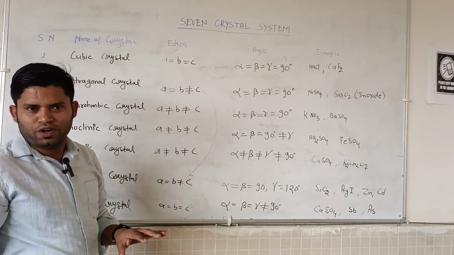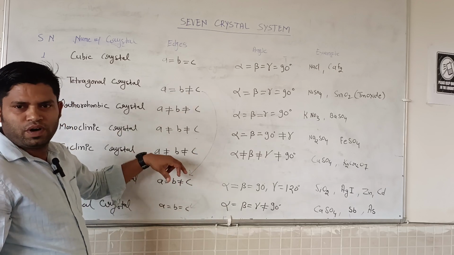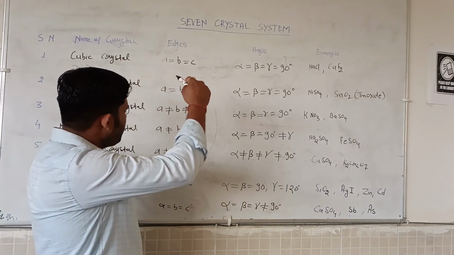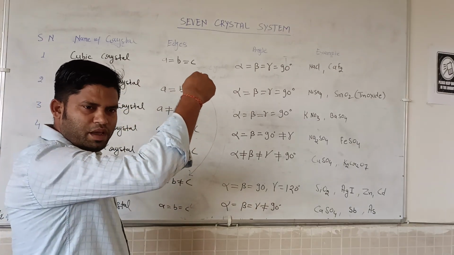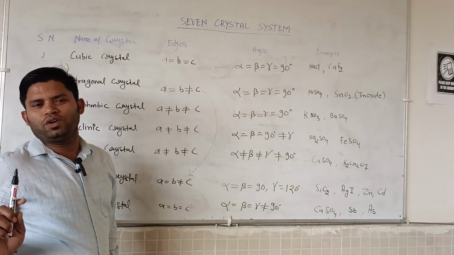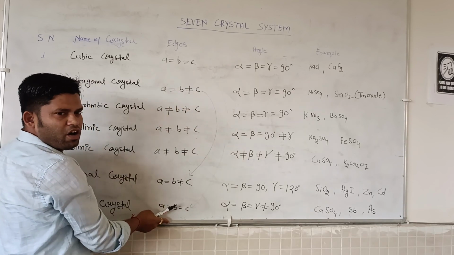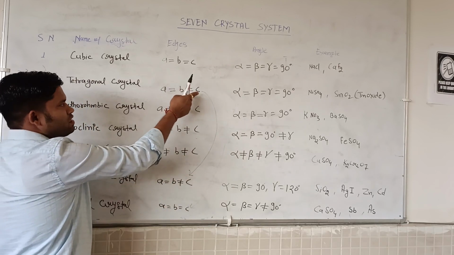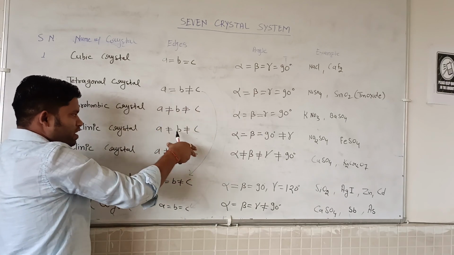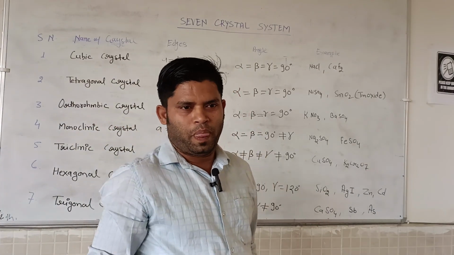Very easy trick to remember all the seven systems. First, you write abc seven times, with equal signs. The first is all equal, the last is all equal, the second is c not equal, the second last is not equal, but in three all are unequal.